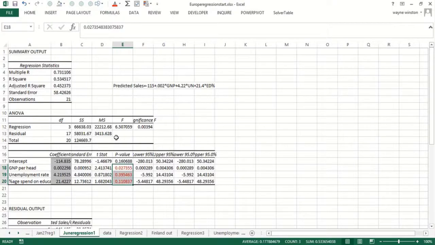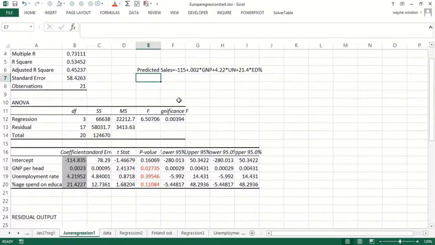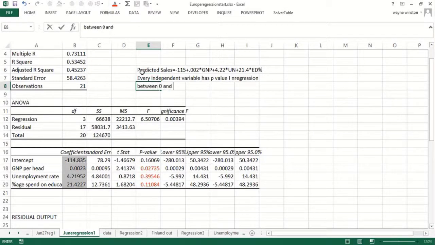Every independent variable has a p-value in a regression, between 0 and 1. A low p-value, let's say less than 0.1, (some statisticians say 0.05), means the independent variable helps us predict the dependent after adjusting for the others.